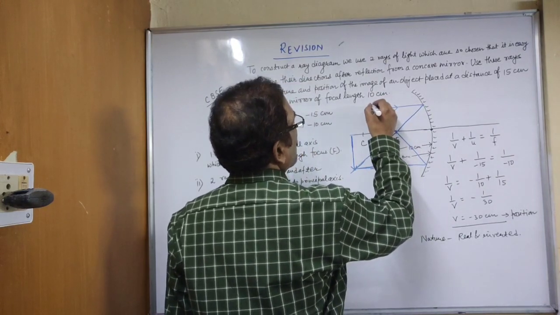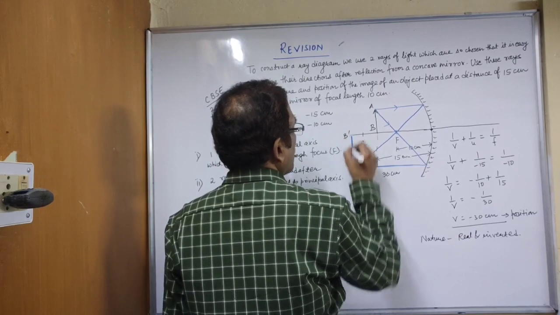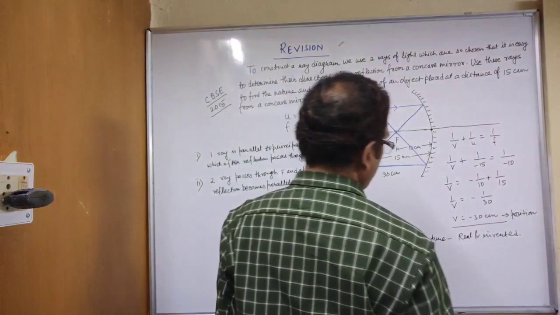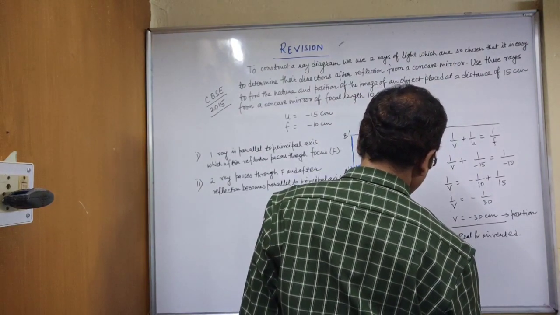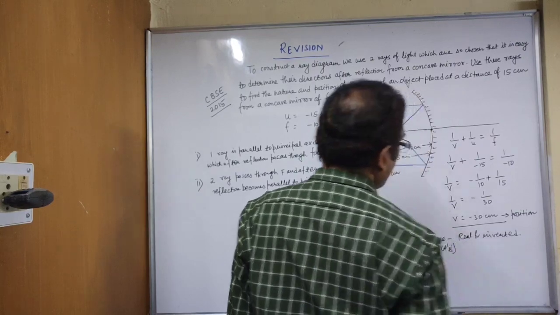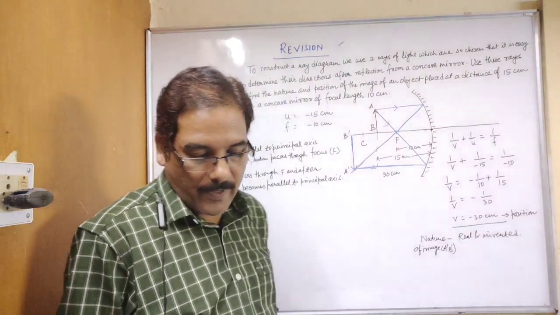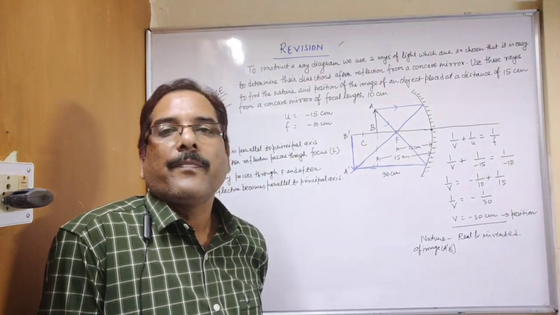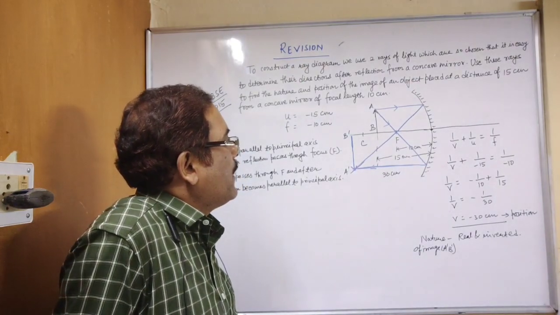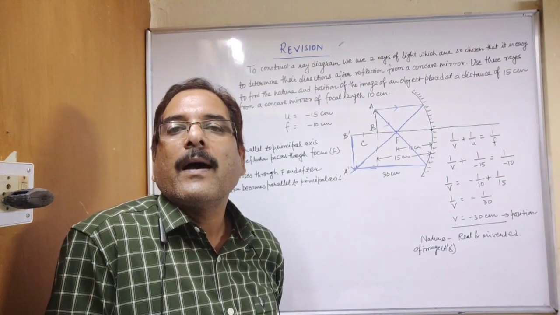You can also mark object and image. A dash B dash is the image. If you answer in this way, you will get full marks. I think the question and its answer are clear to you, as I have discussed it.